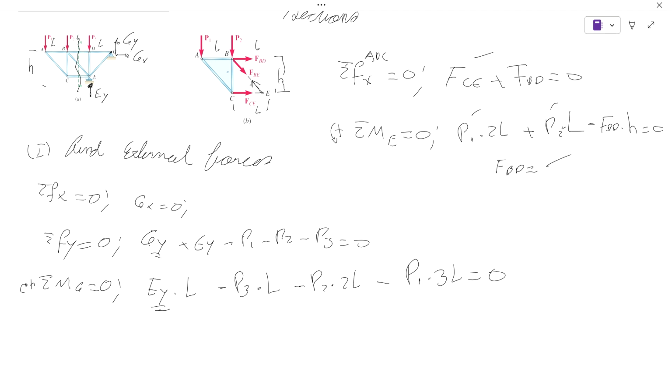And in that case, F_BE is pretty simple because then we can go back to what we know before, where we have the element of the triangle from B to D and from B to E. So we have this distance, which is L, and this distance, which is H, and we just found the value from B to D, this force.